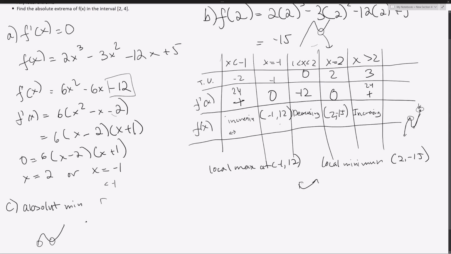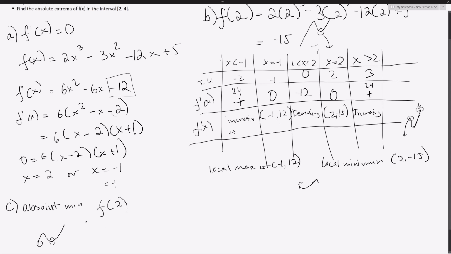So we need to compare if this low point is smaller than our local minimum. The way to do that is quite simple. If that point was smaller, then at the start of our interval we'd have a really small value. So let's plug in f at 2.